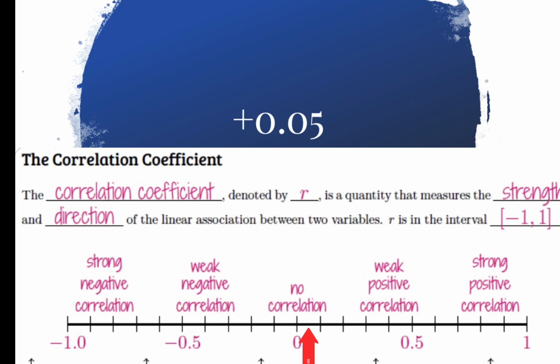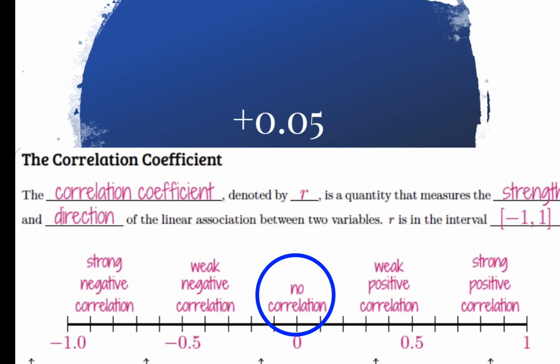Okay, the next one is positive 0.05. That couldn't be less close to 1, right? It doesn't even make it to the 0.1. It's 0.05, so this is so close to 0 that it's only half a point up. So that's a very weak positive correlation. Positive because it's on the positive side of the number line.